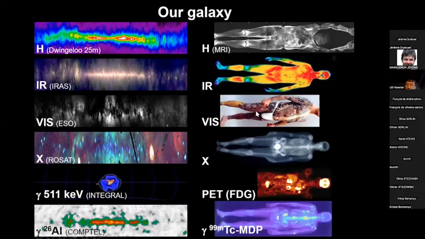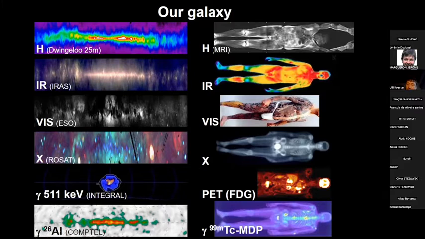Visible obviously shows the skin. The X-rays show the bone structure. Then we come to positron emission tomography, which will show the local accumulation of specific substances, or imaging techniques based on gamma ray emission of individual gamma ray isotopes, which also shows the specific accumulation of given substances.